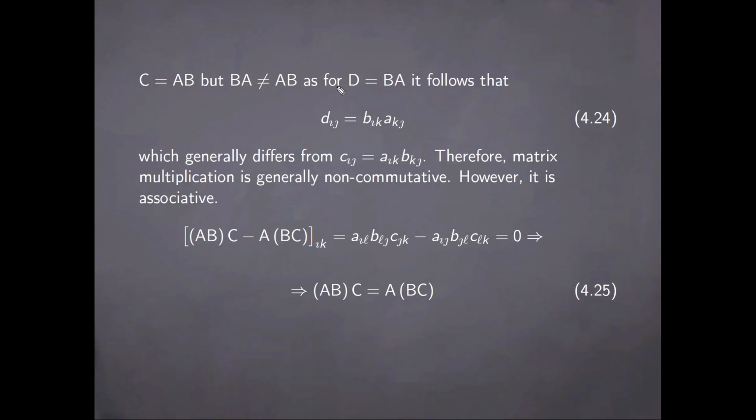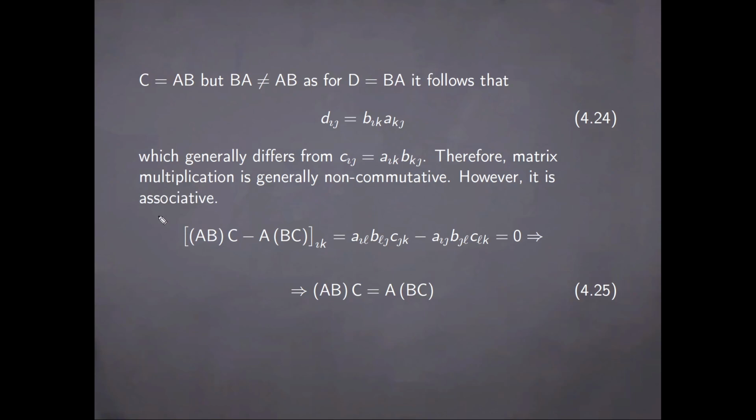For example, the matrix D given by the product of B and A will have the expression here, which is generally different from these ones, because we are summing over different combinations of elements. So therefore, matrix multiplication is generally non-commutative.